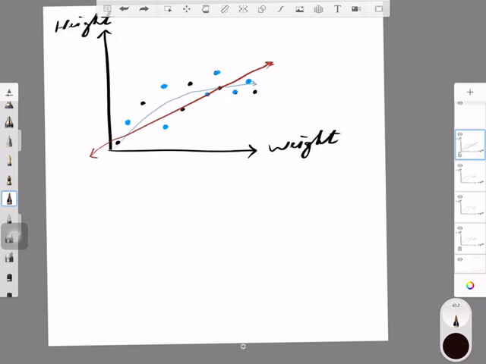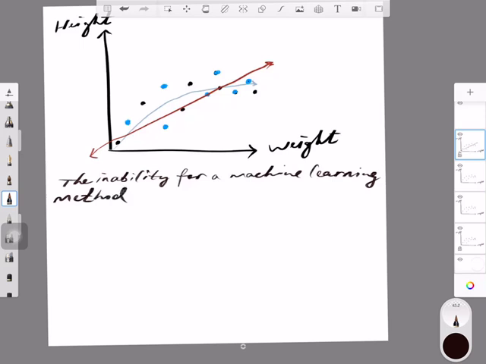No matter how hard I try to fit the line, it will never curve. So the straight line will never capture the true relationship between the weight and the height, no matter how well I fit it to the training set. This is called bias. So what is the definition of bias?